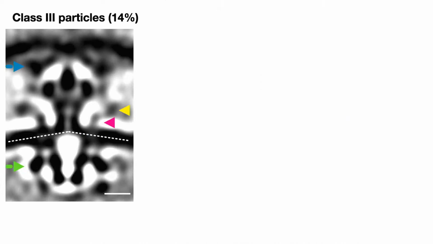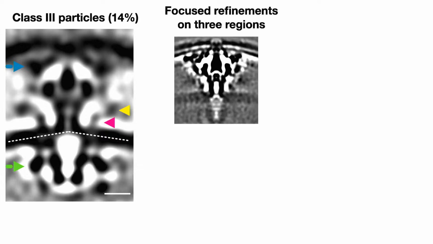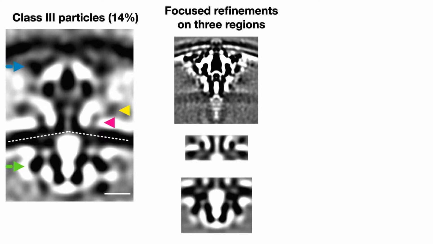So moving forward with just those 14% of the particles, we further did local refinements. The first refinement was just on the cytoplasmic densities to improve that average. The next refinement was on just the regions that were crossing the inner membrane, and the third region was the periplasmic densities themselves.